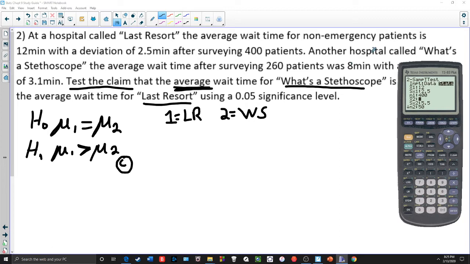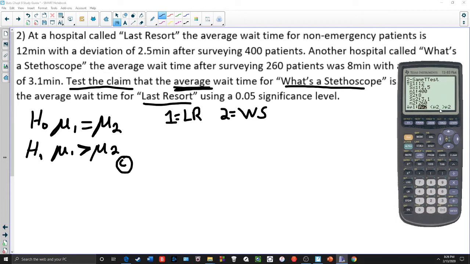And the same thing for the other one. What's a Stethoscope: again, got to be careful with the wordplay here. The average wait time after surveying 260 patients was 8 minutes. The deviation they say down here is 3.1. And 260 patients were surveyed.